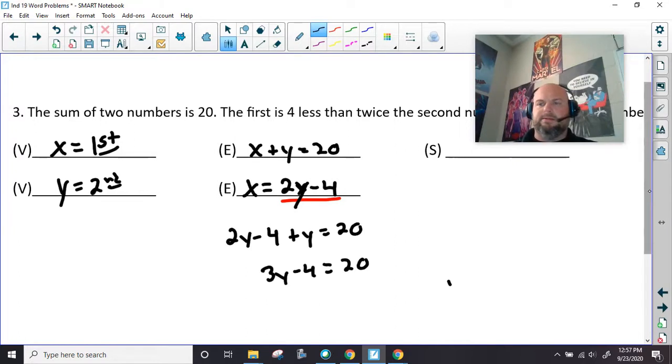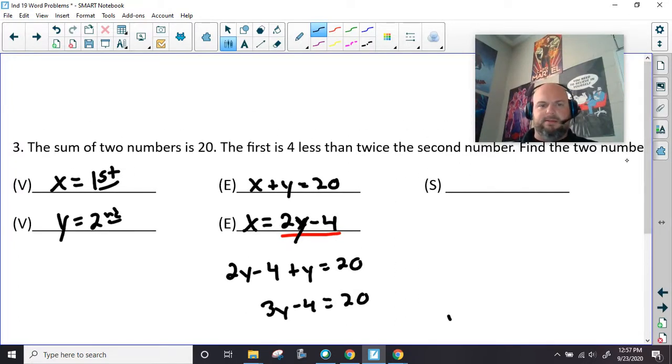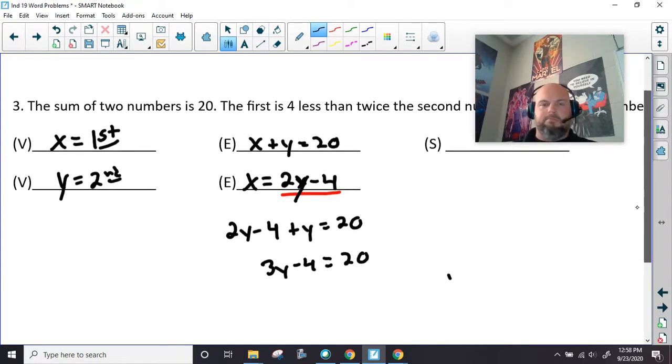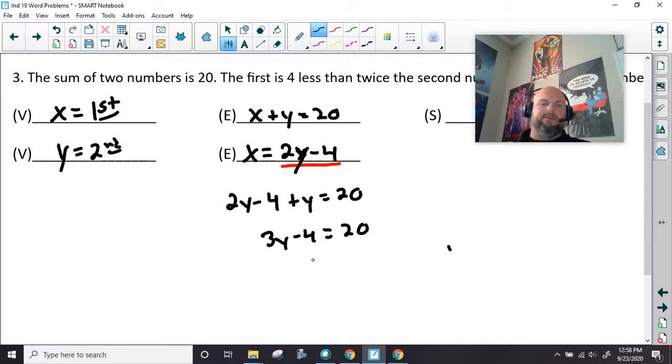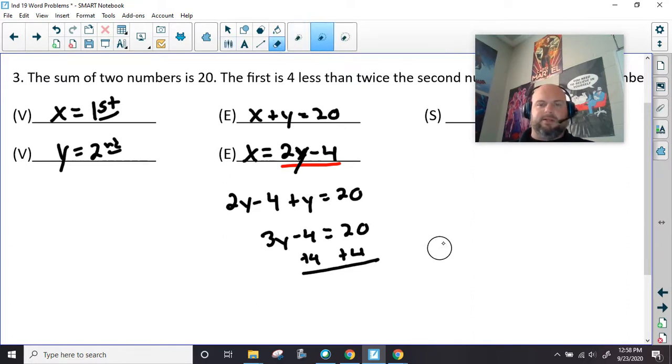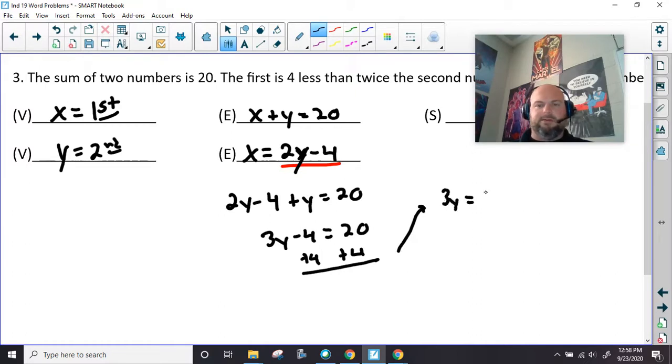Okay, so now I got it. So we're going to add 4. See, this is why I'm trying to solve it in my head and it won't work. So I'm going to write this right here. I get 3y equals 24, divided by 3, divided by 3. So y equals 8. All right.